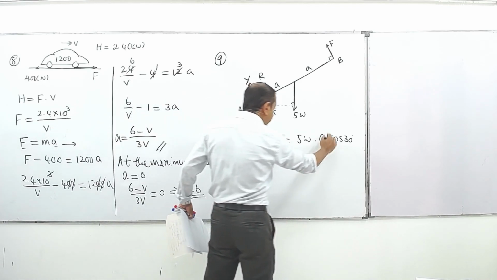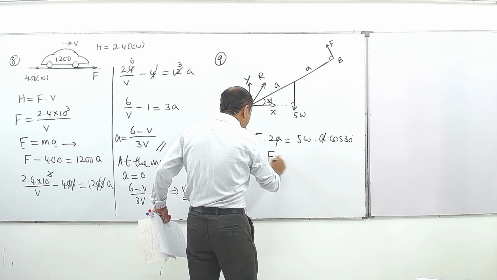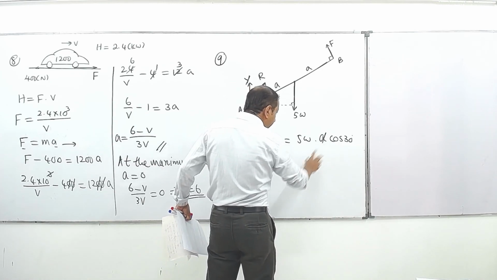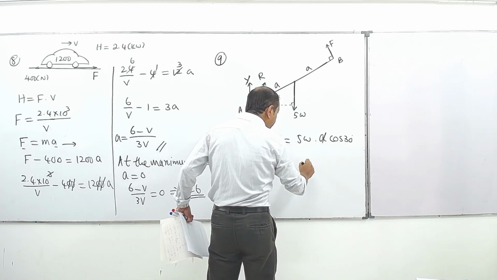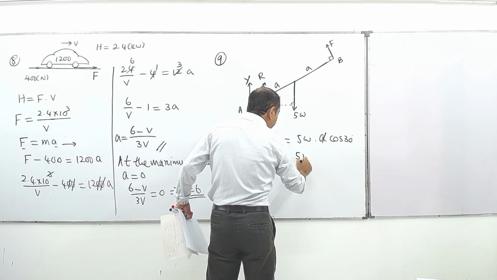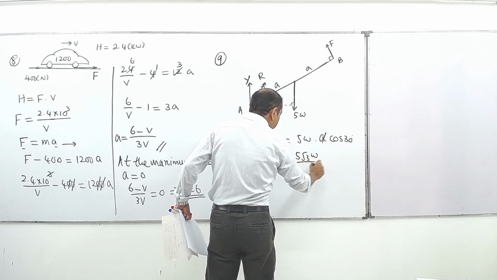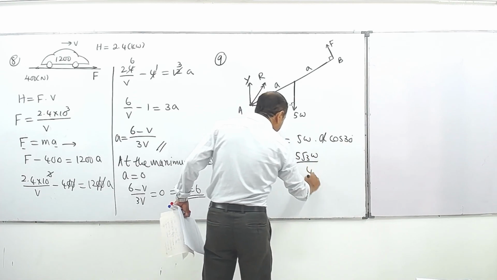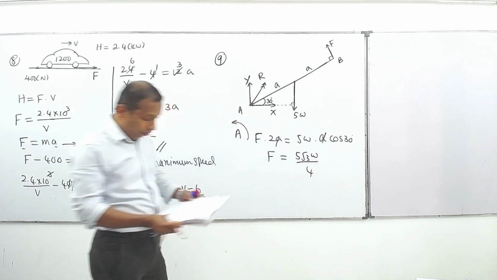A and a you can cancel down. F equals 5W cos 30 over 2. Cos 30 is root 3 by 2, no? So 5 root 3 W, here 2 and this 2. F is 5 root 3 W by 4.